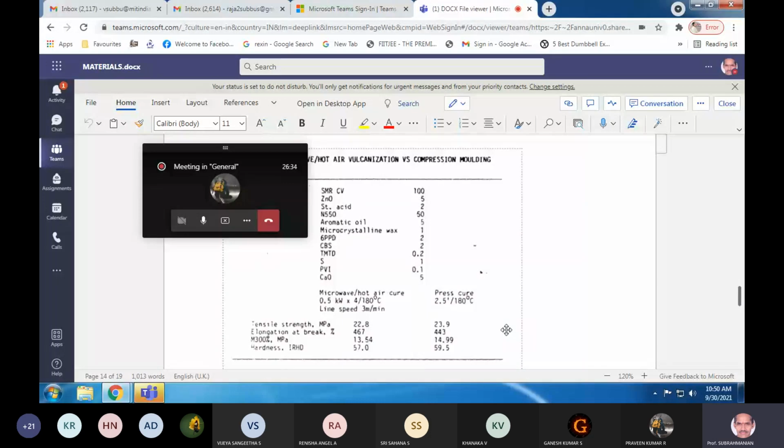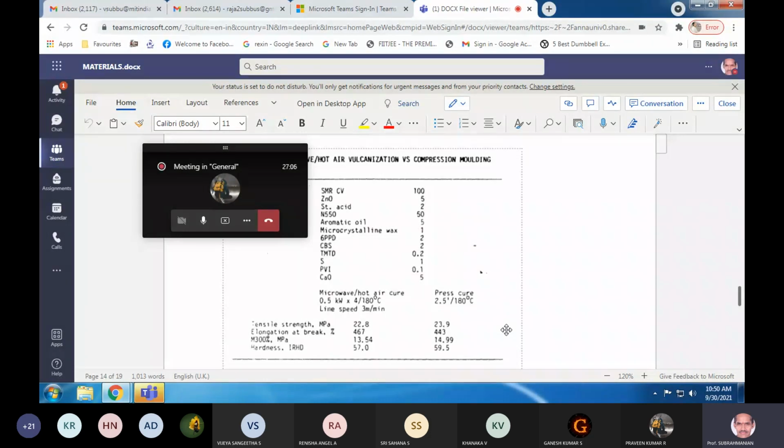So look at the tensile strength difference, even though it is marginal, right? Look at the hardness, 57 for the microwave, 60 for compression. So compression molding at 180 degrees for 2.5 minutes. Friends, compression molding for NR, 180 degrees, right?